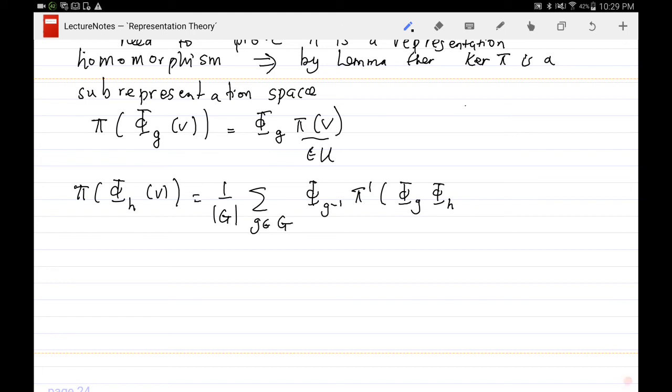This is h, and h is an element of G. And so this is equal to the sum over g prime.